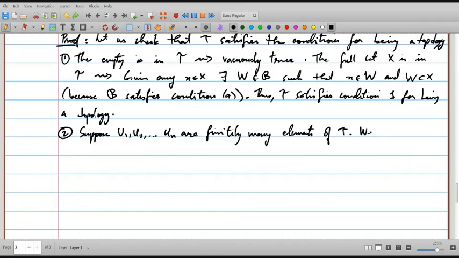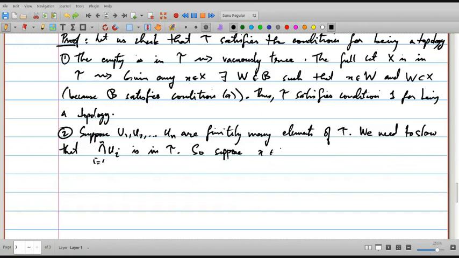Then we need to show that their intersection of the Ui is in tau. So we need to check the intersection satisfies the property defining tau.